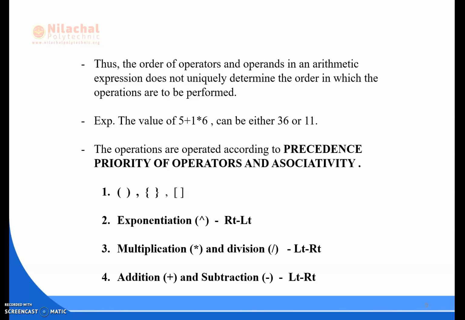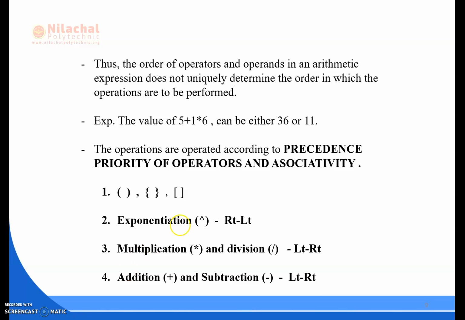After that, multiplication and division have the same precedence priority, at the third position. At the end we have addition and subtraction, the plus and minus operators, at the last precedence priority.